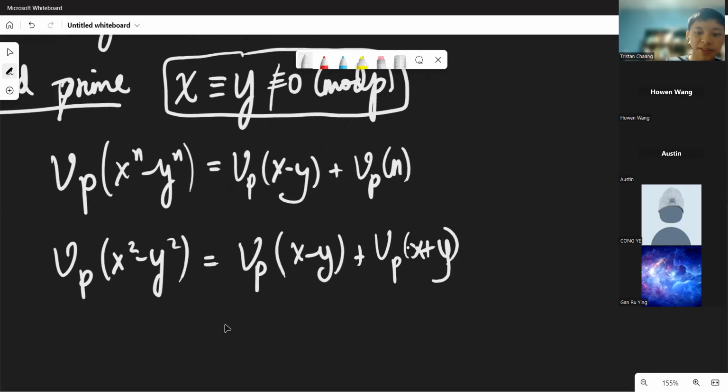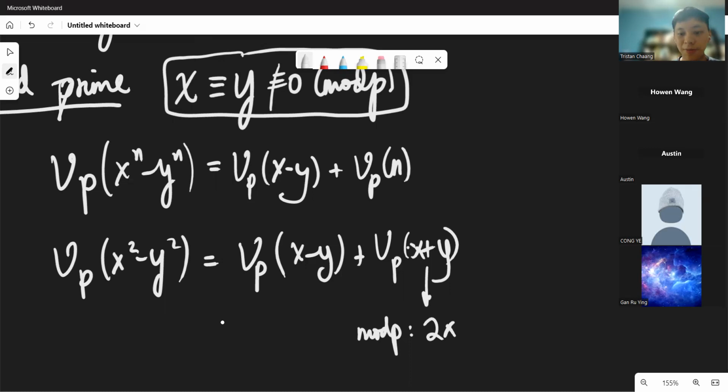Now, what is this term? x and y are not multiples of p, right? But what's x plus y mod p? X plus y mod p is equal to 2x mod p, right? Because x and y are the same mod p.